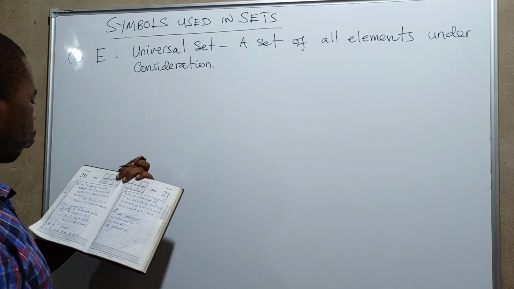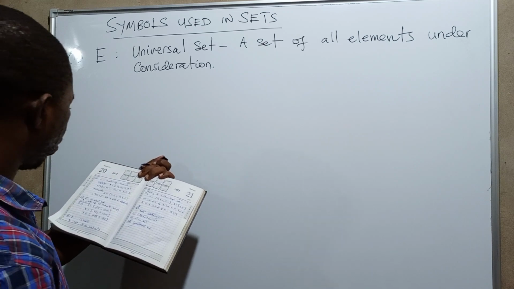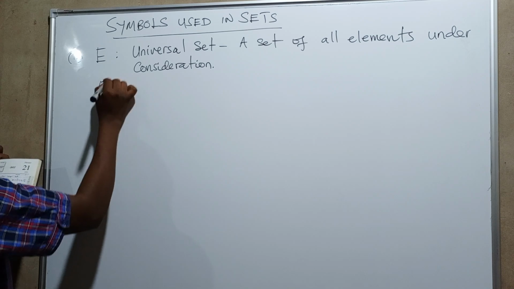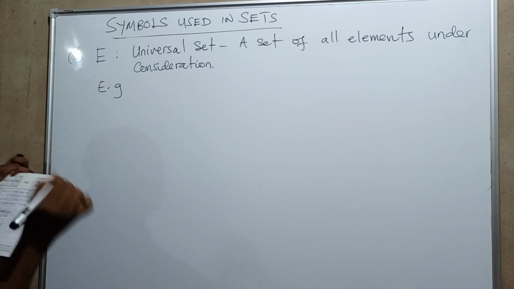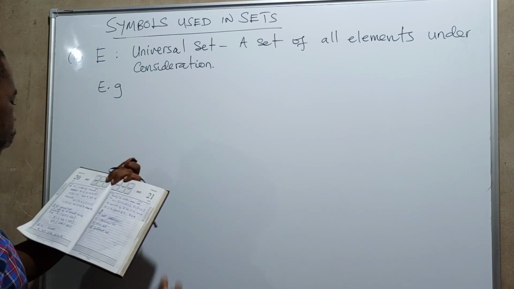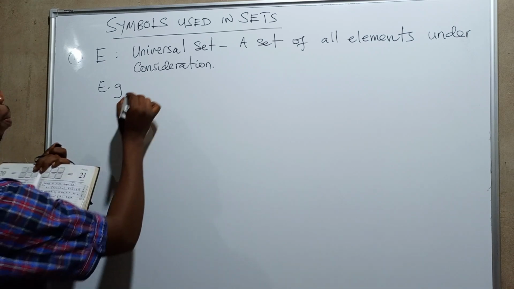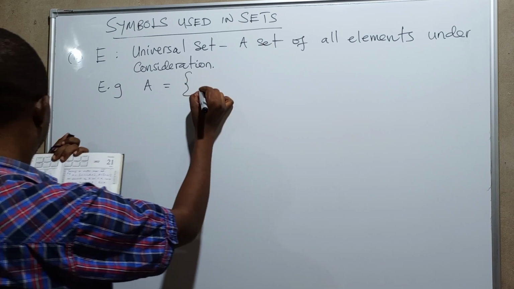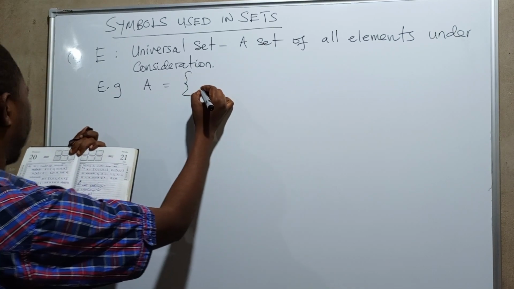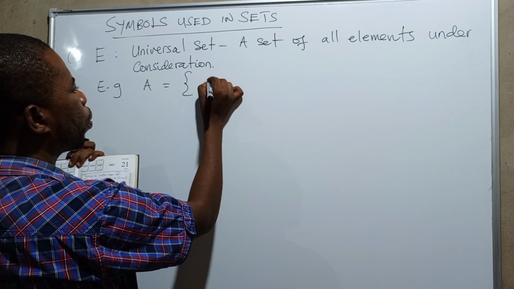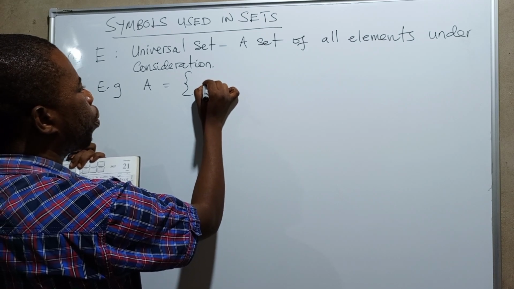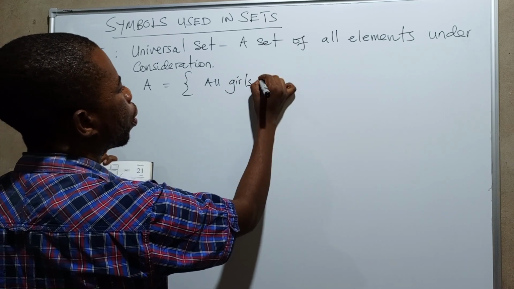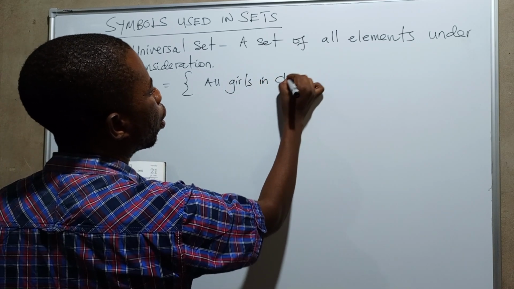Okay. So for instance, how can we look at a universal set? Let me break it simply. Let's say I have M, which is the set of all girls in class.